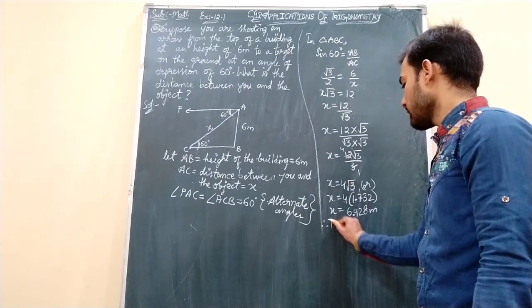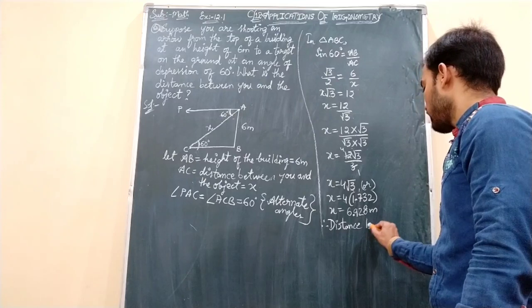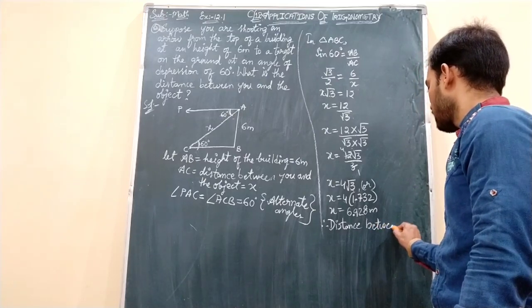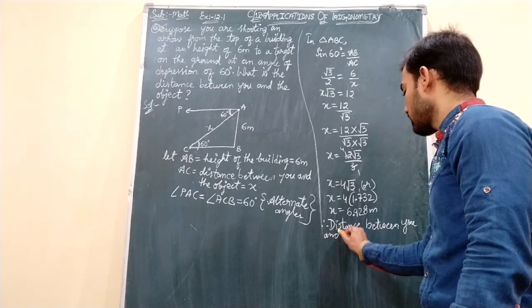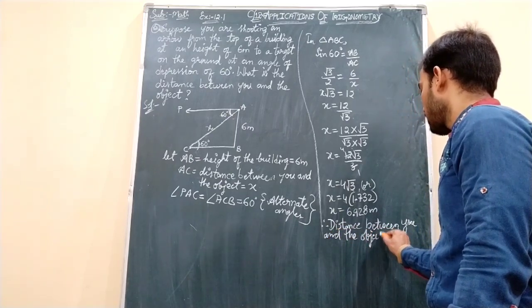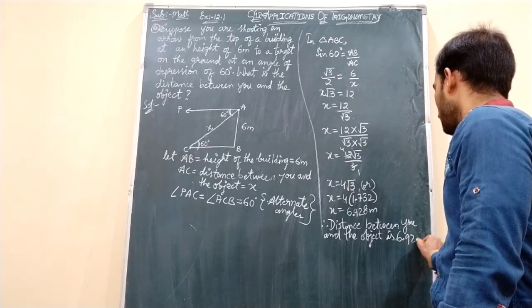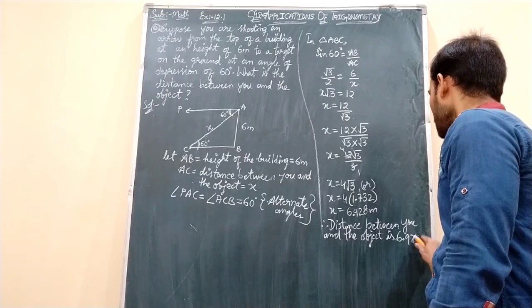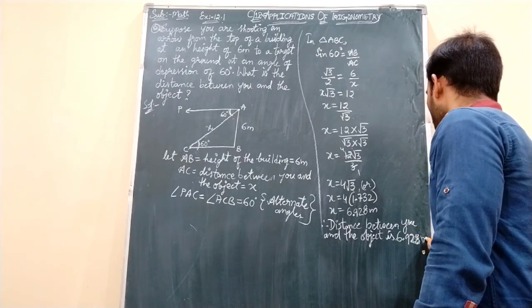At last we will write distance between you and the object is 6.928 meters.